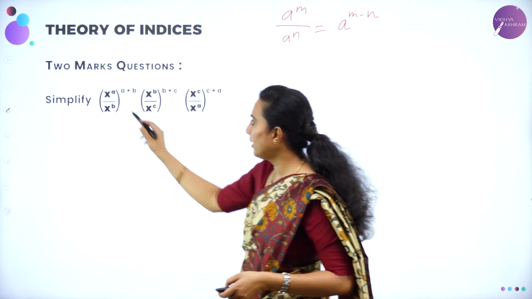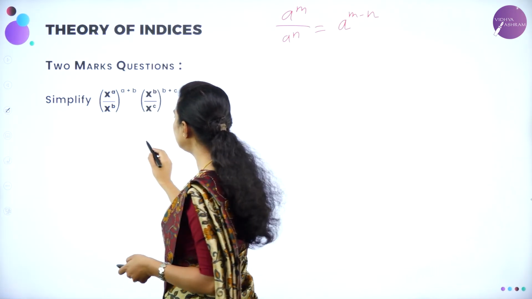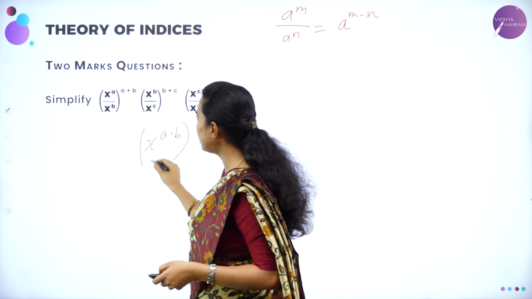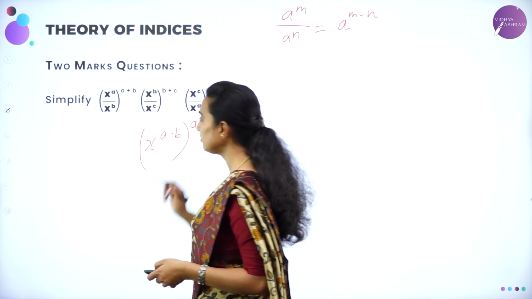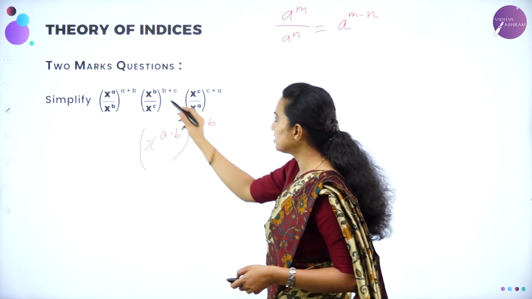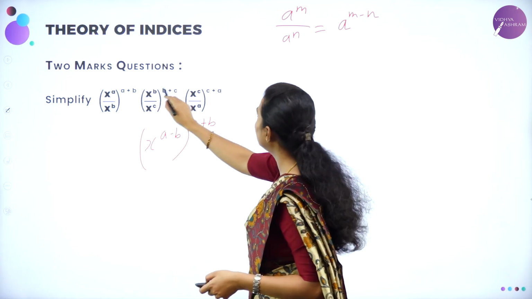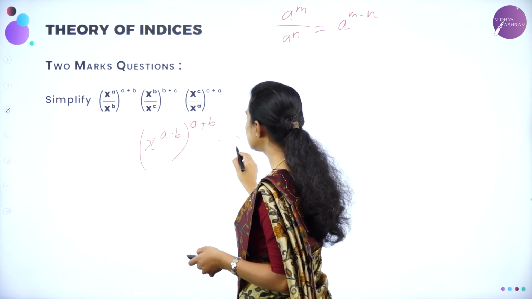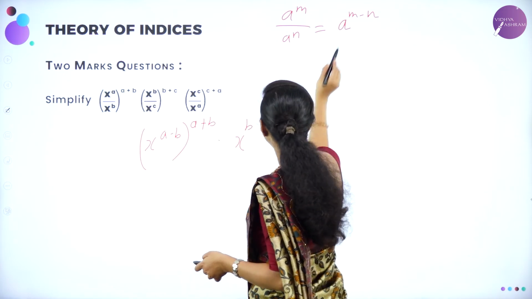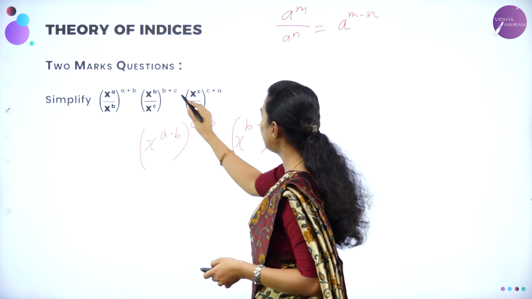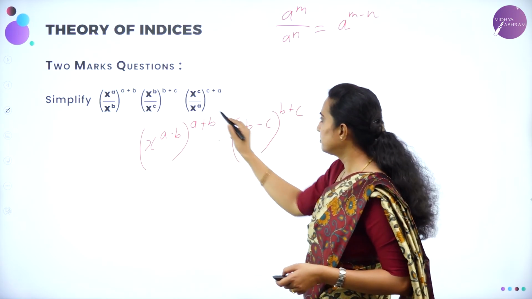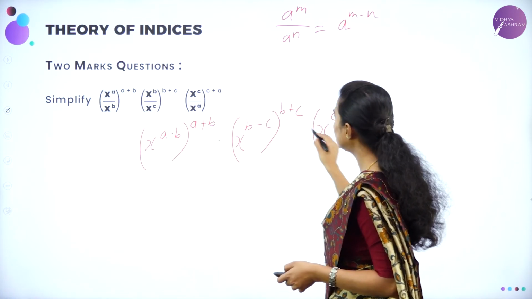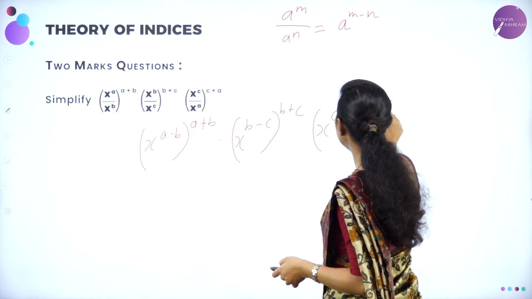Correct? So accordingly I am going to take this one as x power a minus b, whole to the power of a plus b. Similarly into, this is also looking the same. So b replaces m and c replaces n. That's it. So it will become x to the power of b minus c, whole to the power of b plus c. Similarly this also: x to the power of c minus a, whole to the power of c plus a.